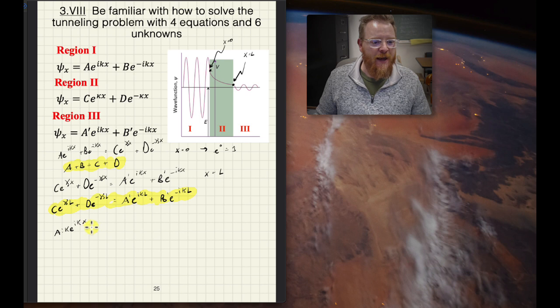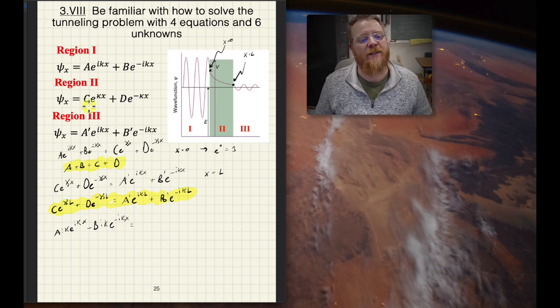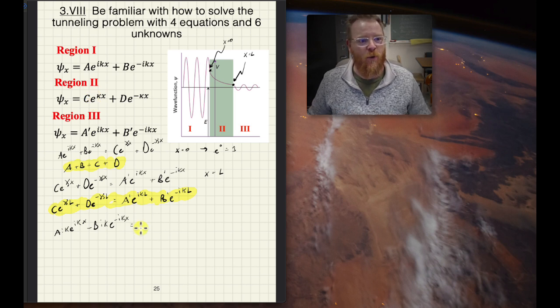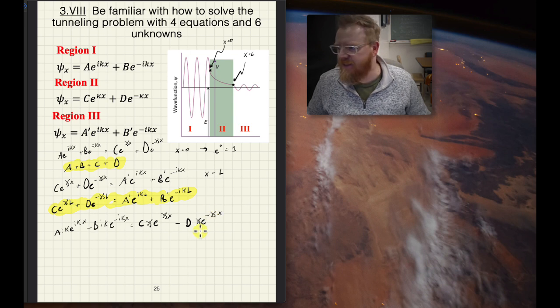So that's negative B ik e^(-ikx). Lovely. So now we want to take the derivative of region 2. So that is going to be, let's see, C κ e^(κx) minus D κ e^(-κx).